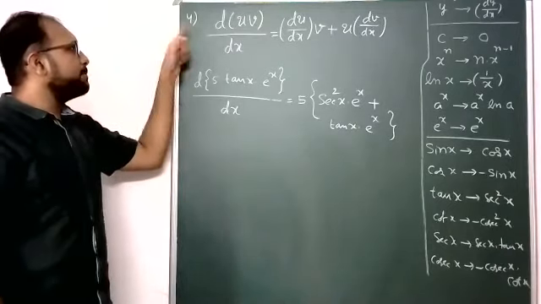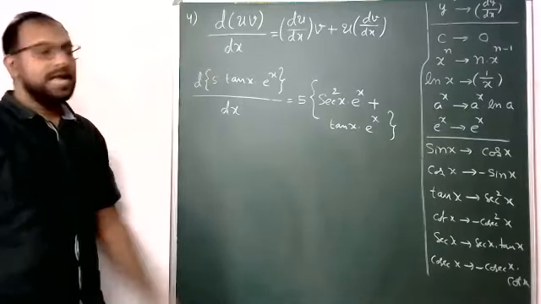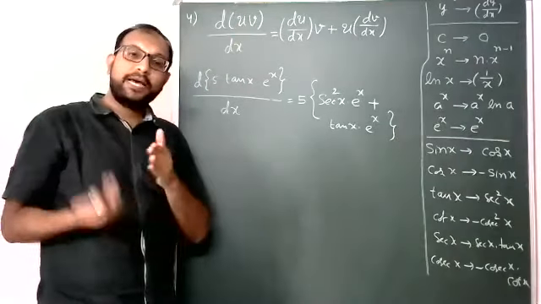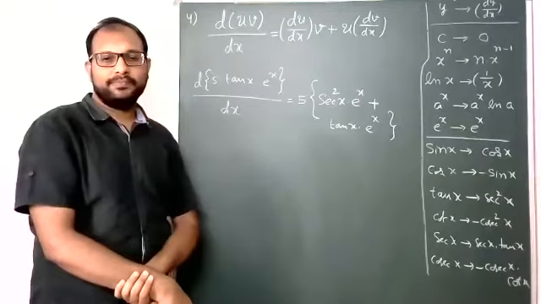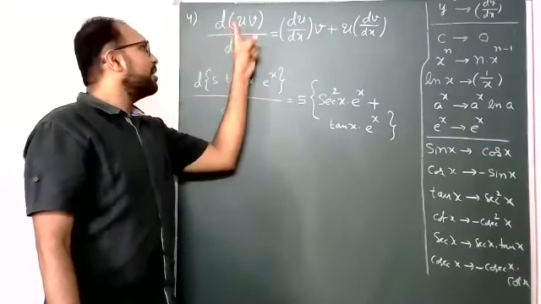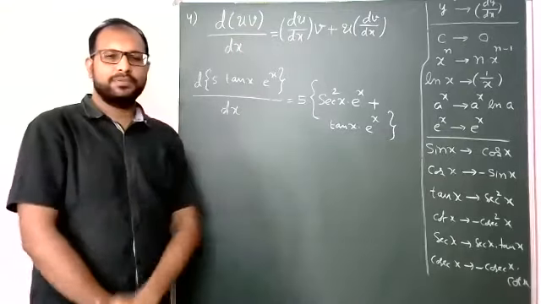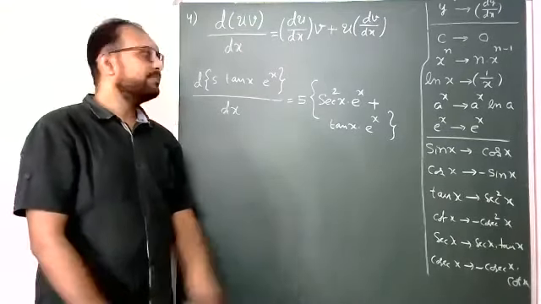Yes, in this rule number 4, students, not only just uv, even a third term w might be there. Suppose derivative of u, v, w with respect to x. Very simple.